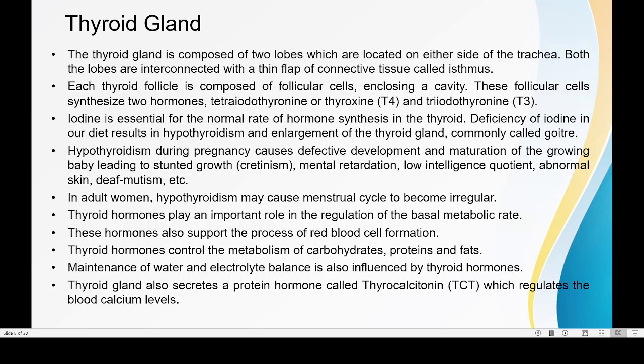This is how a thyroid gland will normally appear. Now each thyroid gland is composed of follicular cells enclosing a cavity. I will show you how the follicular cells of a thyroid gland appear. Here you can see this is a view of the cross section of a thyroid gland.